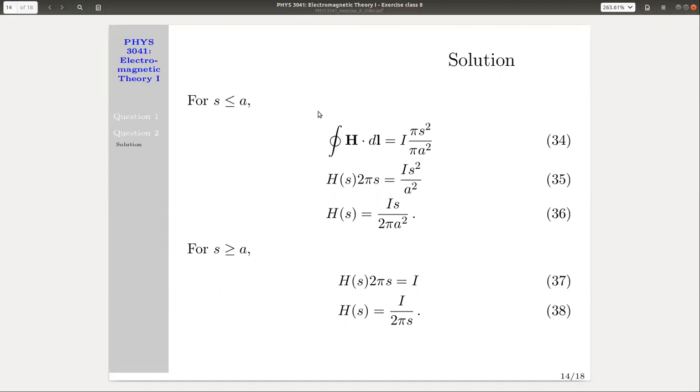Then first, let's consider the region inside the wire, so the radial distance s is smaller than the radius a.